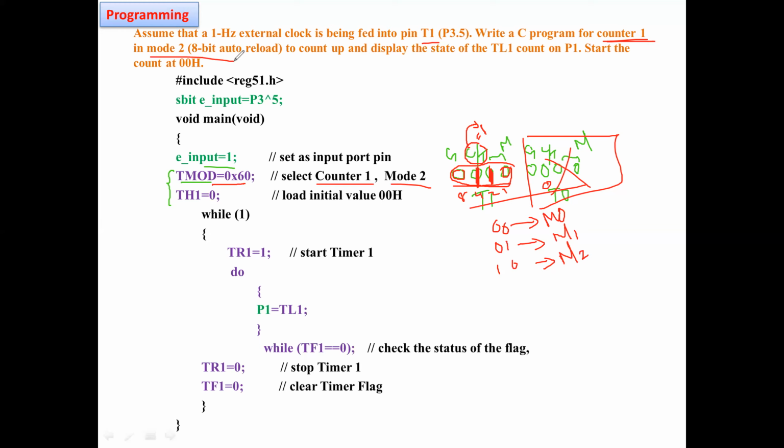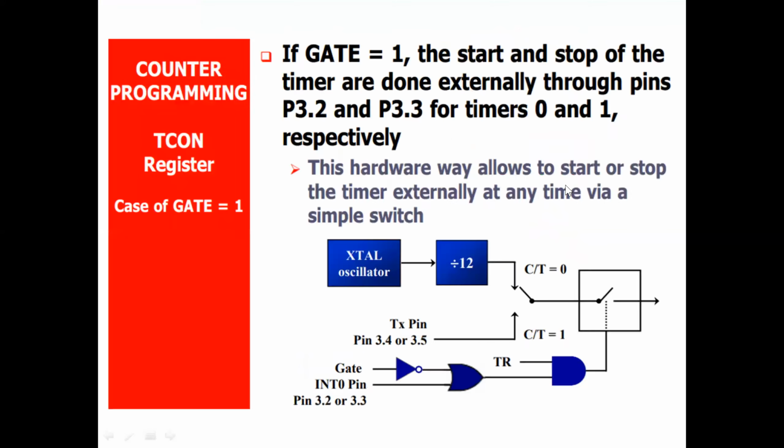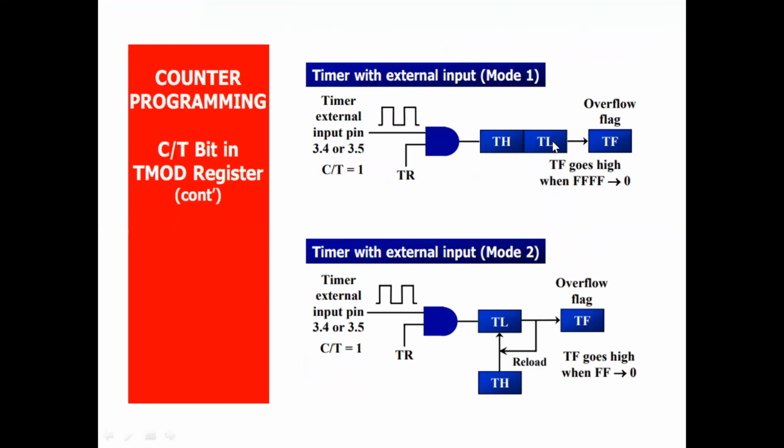So now we have initialized. In mode 2, what is the operation you should understand? Just like timer, here we have to initialize TH0, sorry, if it is timer 1, TH1. Here we should give some base value.